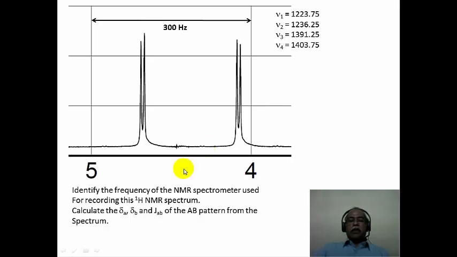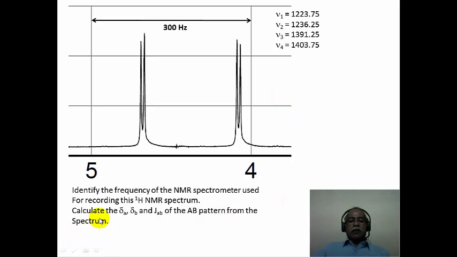The spectrometer frequency is what is asked in this problem. So 300 divided by 1 ppm would correspond to 300 megahertz. So the spectrometer is a 300 megahertz NMR spectrometer. This is a question that one should be able to easily answer based on the fact that a 1 ppm gap of 300 hertz corresponds to a 300 megahertz NMR spectrometer.